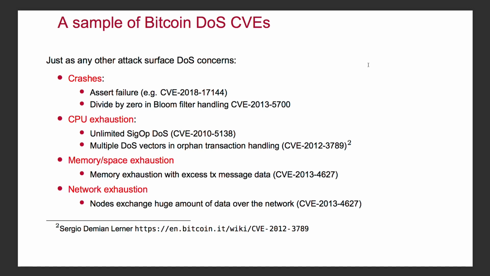This is very simple: you just upload a ton of data continually to the network or the client, and it runs out of memory. And also network exhaustion, where the network starts forwarding spam and huge amounts of data between the nodes. Network exhaustion is also dangerous, since it often means that the whole network will start forwarding junk data across.